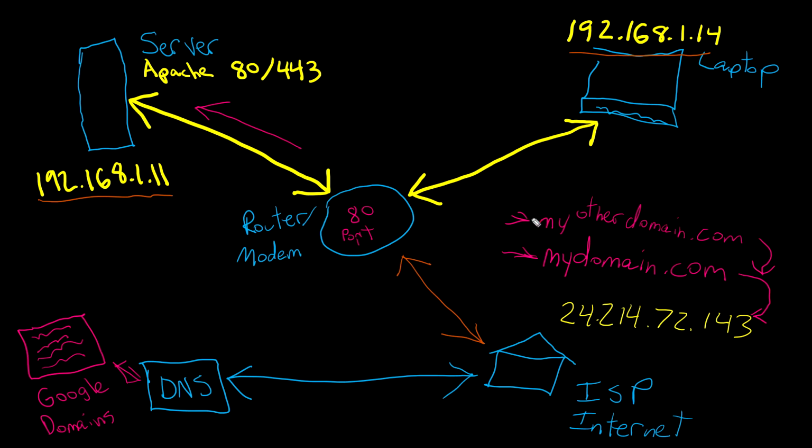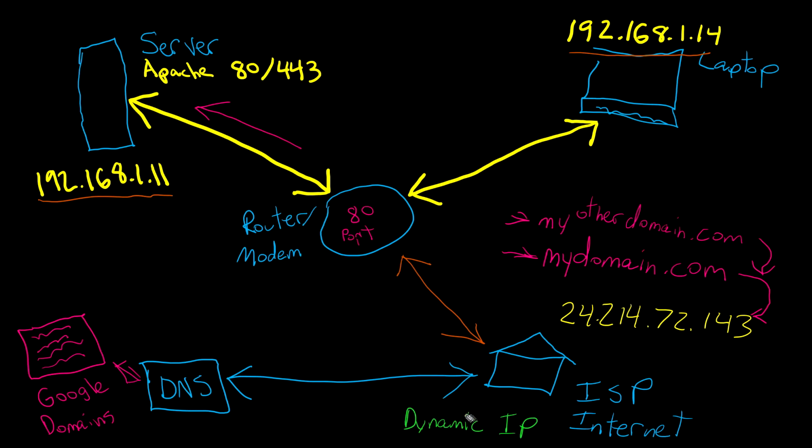If you one day are able to reach your server through your domain, and then another day you're not, chances are your public IP address has been changed by your ISP, and this is called a dynamic IP.